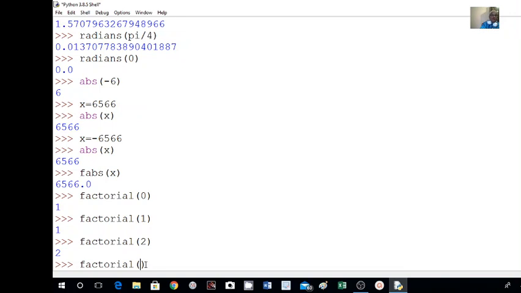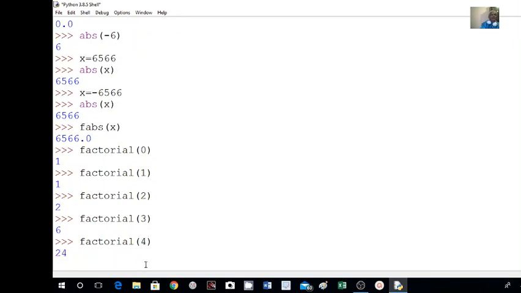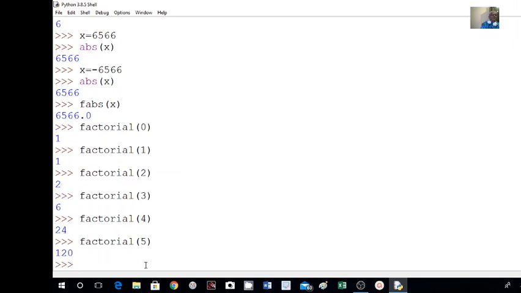Factorial of 3, enter, 3 factorial. Factorial of 4, enter, 24. Factorial of 5, 120. Okay. So this is the command to find the factorial. Fully I have to write factorial. Okay.